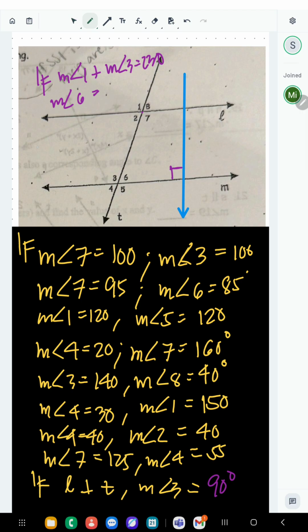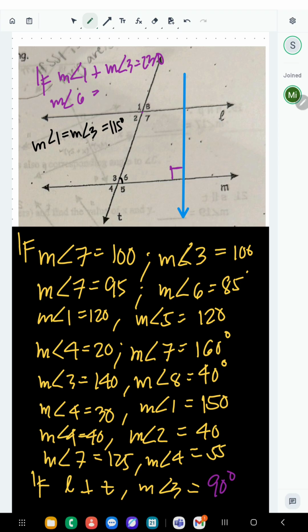Measure of angle 1 is equal to measure of angle 3. And they add up to 230. So, okay, so 115 degrees.